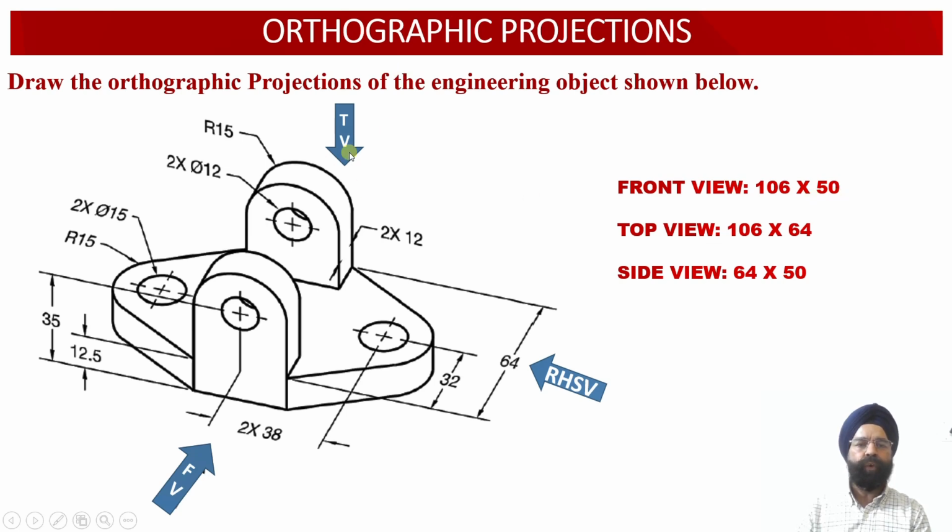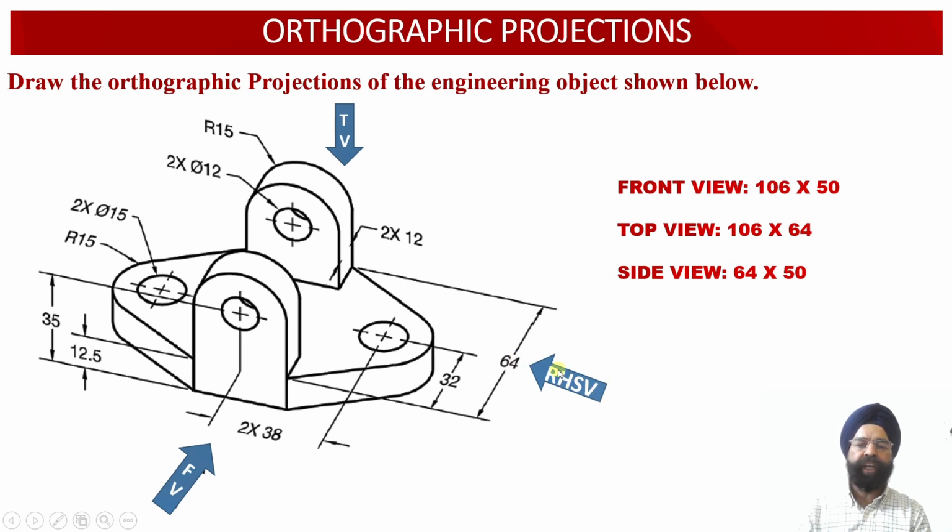Similarly, when we look at the solid from the top, we observe that the width of the solid will remain the same at 106 millimeter, while the depth of the solid has been provided to us as 64 millimeter. So the top view face corresponding to the solid will measure a width of 106 millimeter and a depth of 64 millimeter.